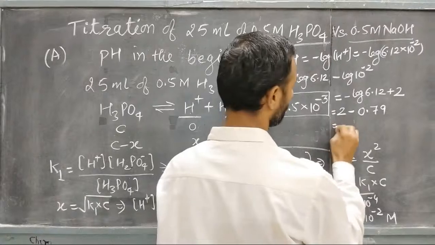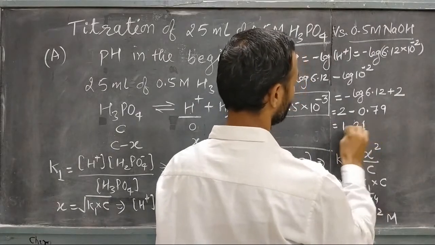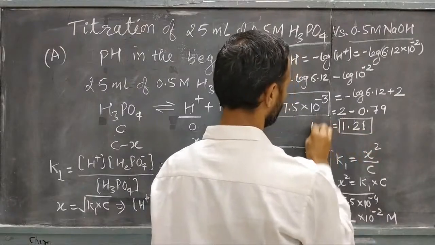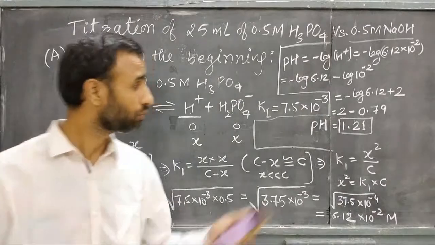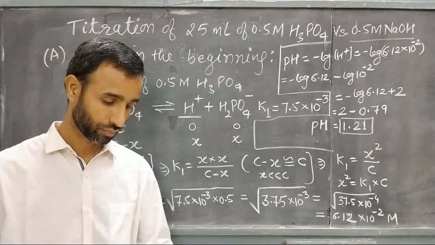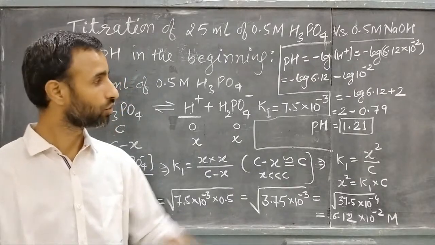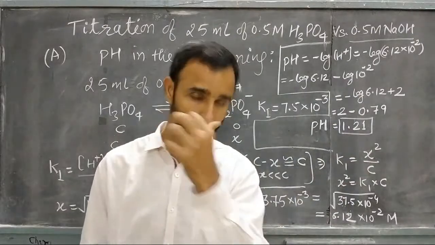So the value comes out to be 1.21. So this is the initial pH of phosphoric acid. Very good, beta. In this way, initial pH is 1.21.